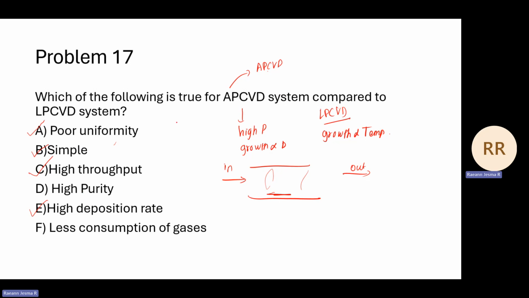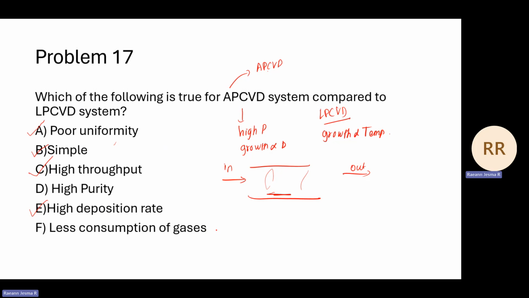In APCVD, since we have a higher deposition rate, we go for high-rate deposition, like depositing thicker materials faster. Purity-wise, LPCVD will have better purity compared to APCVD.